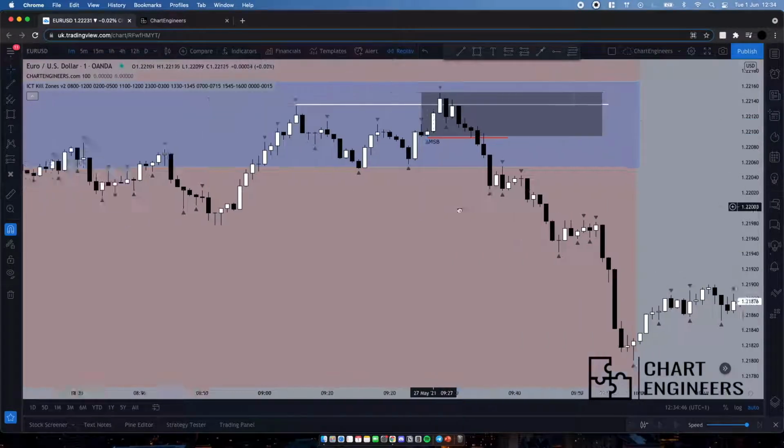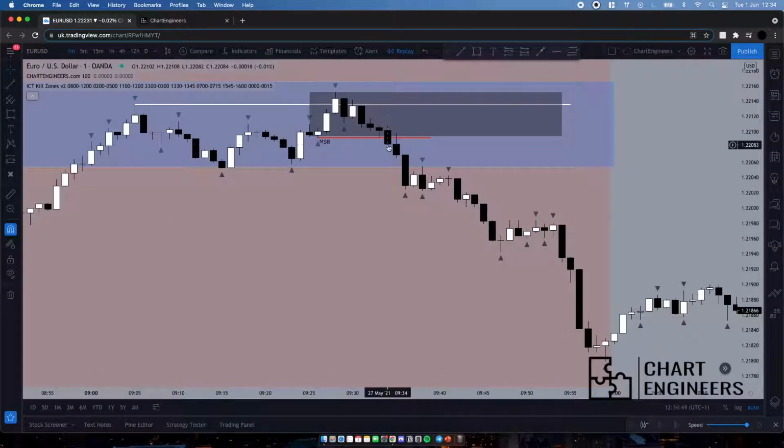So bearish structure break. You break structure at 9:34, and your entry will be literally 1 minute later. So your entry would have been this high over here.